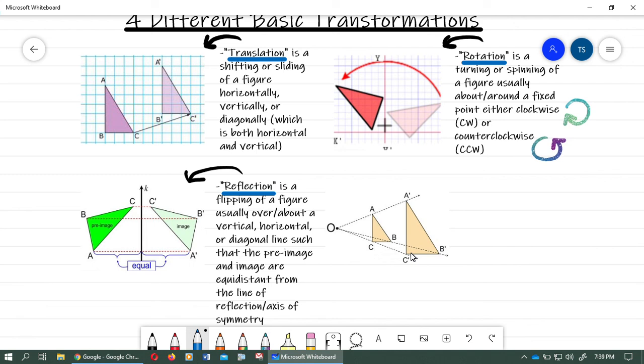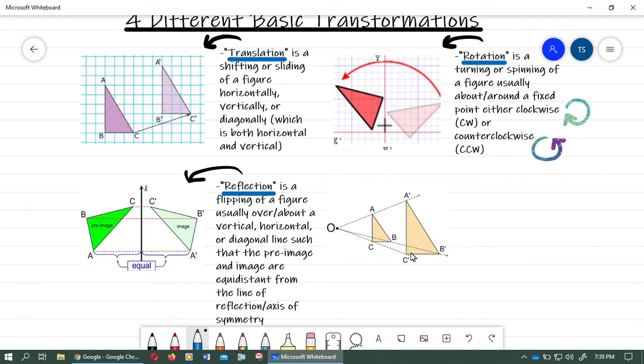But anyway, so guys, some of you might be looking at this picture here, and you might be saying, I've seen this before. Mr. Starkey, if one of these is a pre-image and the other one is an image, if one of these is the before and one of these is the after, then this right here is this figure being stretched or shrunken.